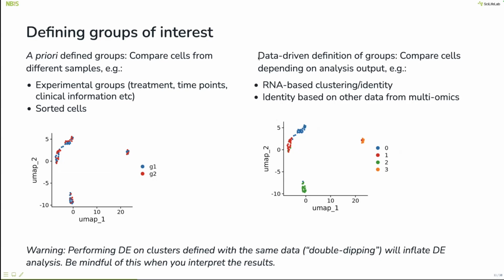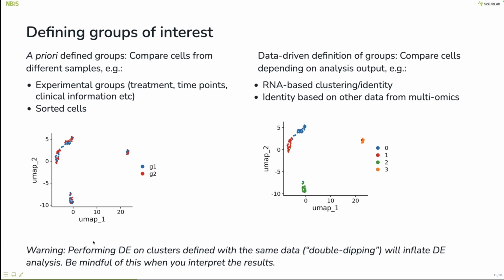So when you do a differential expression analysis between clusters, for example, this can either be based on the RNA that you will also be performing the differential expression on, or you might have your identity from other data, like if you have multi-omics, you might define your groups based on the protein and then look at the RNA. In the first case especially, you need to be a little careful when interpreting it.